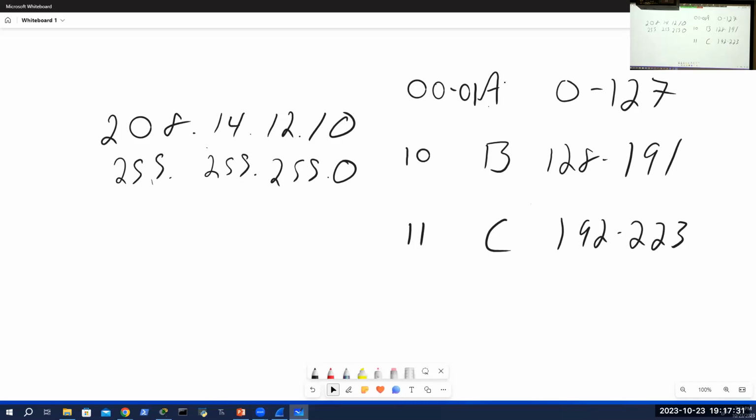So really, looking back at a class A, 0, 0 or 0, 1 for the first 2 bits tells you, actually, with a class A, all you have to do is look at the first bit, because for B and C, the first bit is a 1. So with class A, you just have to look at the first bit, and if it's a 0, then it's a class A. Class B, the first 2 bits have to be 1, 0. Class C, the first 2 bits have to be 1, 1. And that's how the computer figures it out.